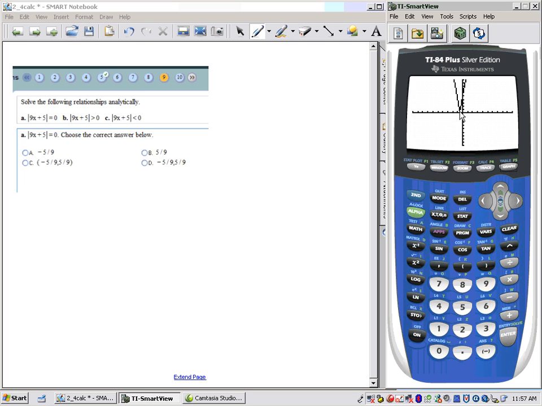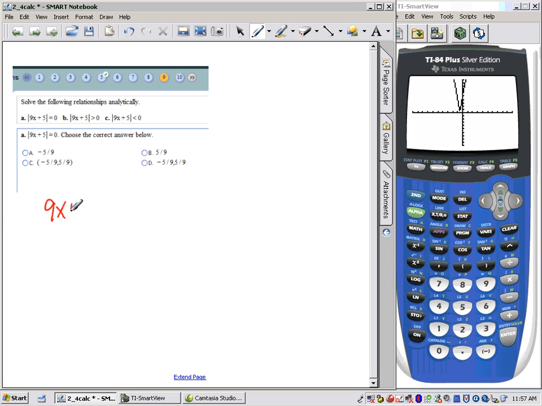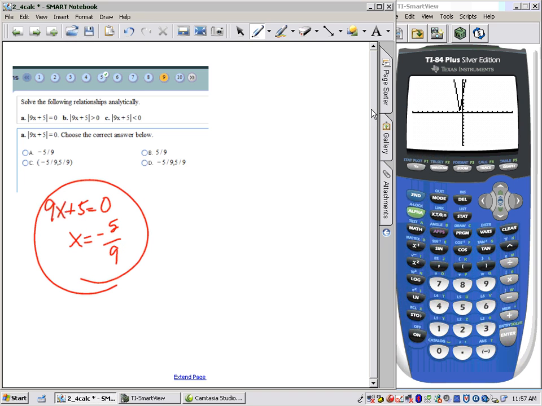Well, that touches in one point, and that was where 9x plus 5 was equal to 0, which is at -5/9. Then graphically we can see where it is greater than 0. Well, it's greater than 0 everywhere, except for where it touches 0. So that is to the left of -5/9 and to the right of -5/9. So that just confirms that our solution for part B is -infinity to -5/9 union -5/9 to infinity.